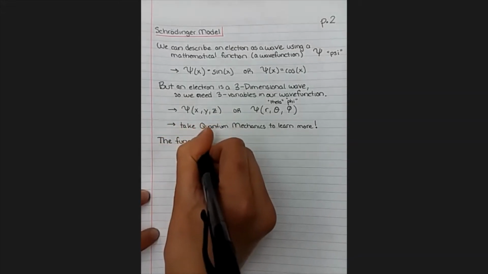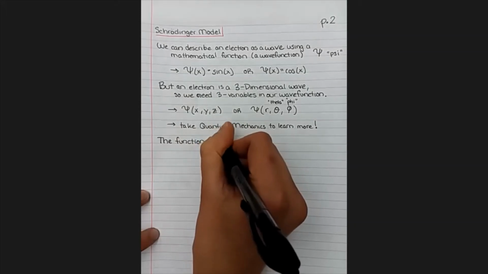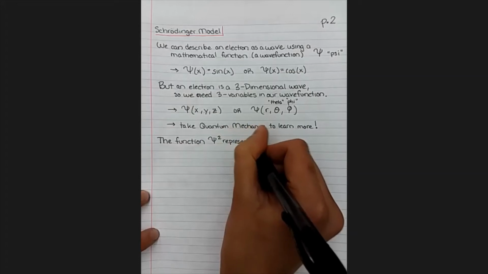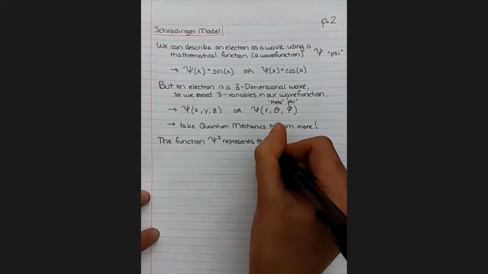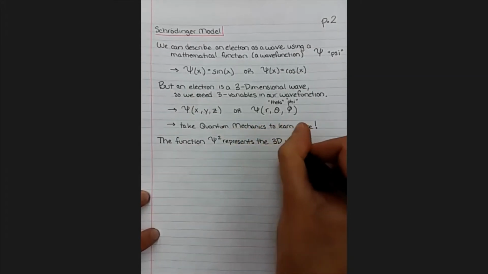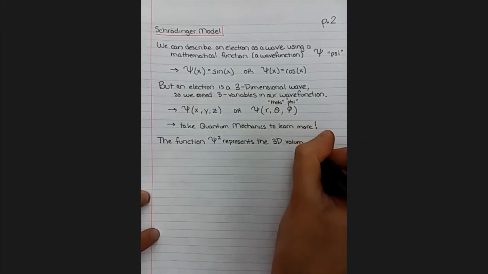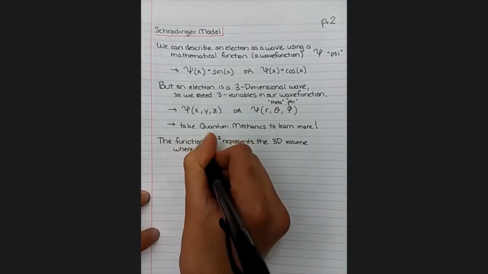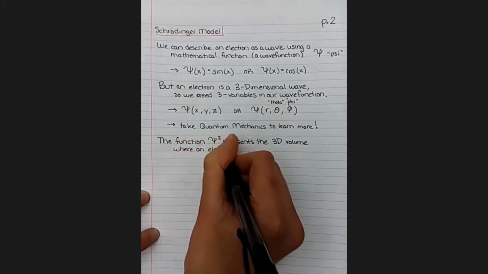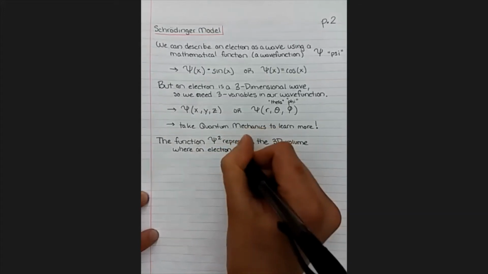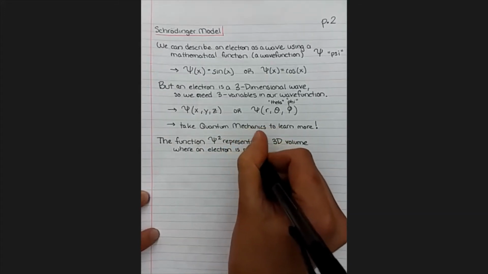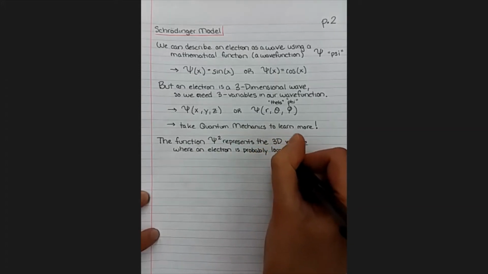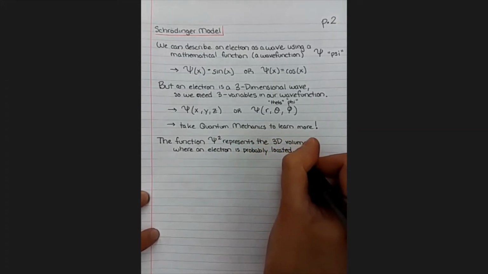So if we take the square of that function, psi squared, that function represents the probability density, the three-dimensional volume where an electron is probably located. As we said in Heisenberg's uncertainty principle, it can be difficult for us to find the exact location of an electron at a particular moment. So we'll just have to settle for the location where it is probably located.